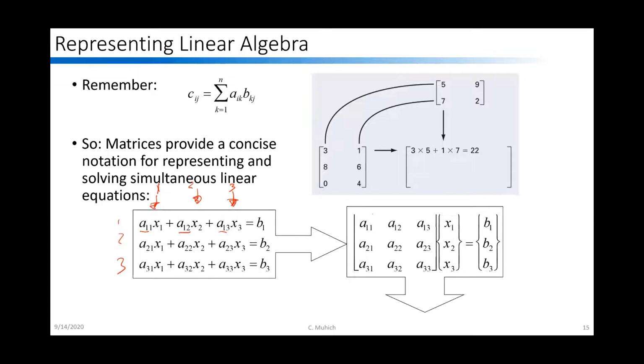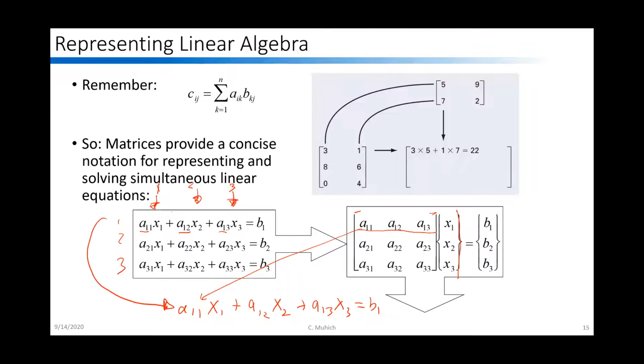So if you remember, when I do matrix multiplication, I take each row times each column. So if I do this down here, we would get A11 x1 plus A12 times x2 plus A13 times x3 equals b1. Well, that's that first equation, right?